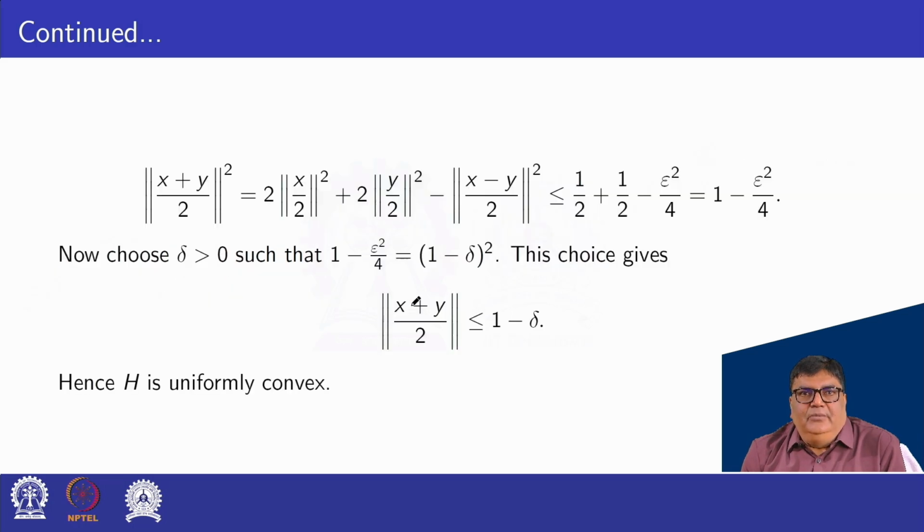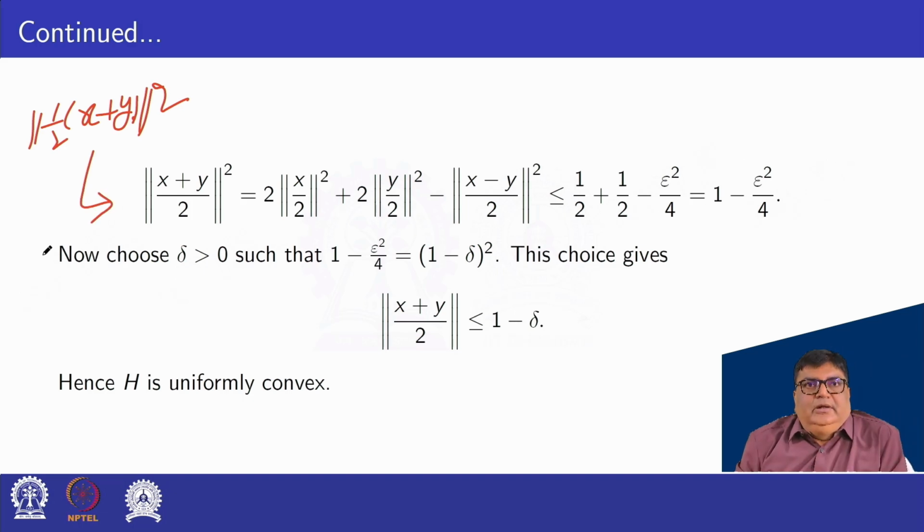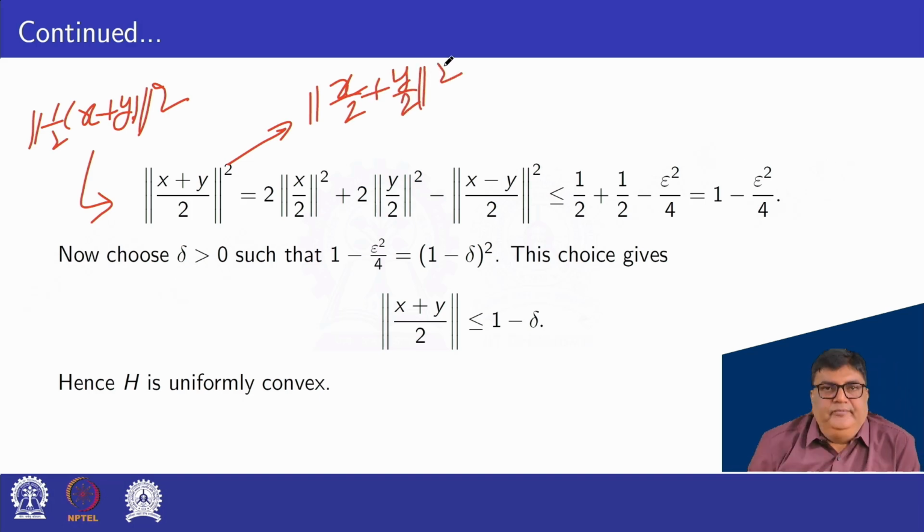Then by the parallelogram law, consider the norm of half of x plus y squared, which is the norm of x by 2 plus y by 2 squared. Here we have two vectors, x by 2 and y by 2.